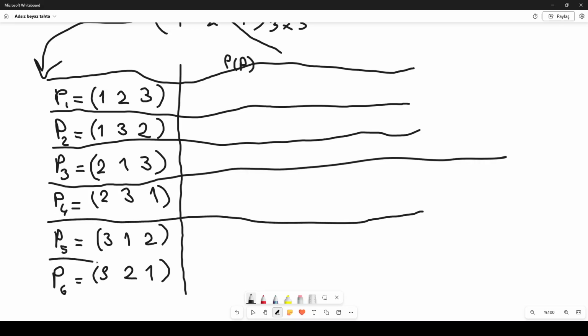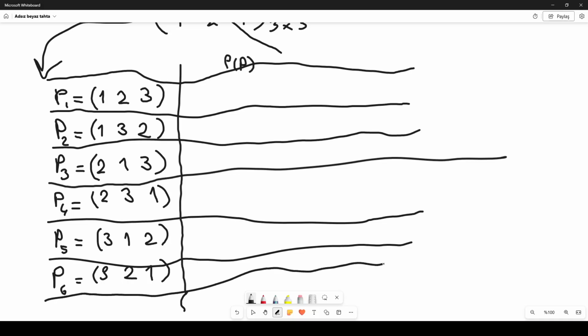This is P4, this is P5, and in the end we have P6. All right. Now how about the signs?